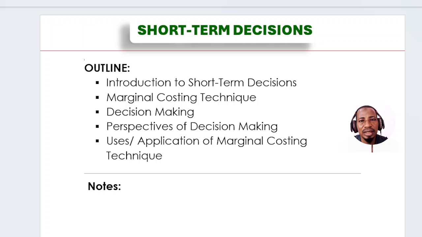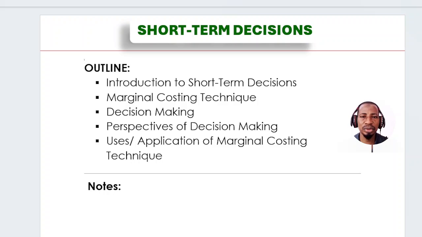So let's take it one by one. What do you understand by short-term decisions? The short-term decisions involve the uses of marginal costing concepts and relevant costing principle to analyze a particular course of action in making managerial decision.